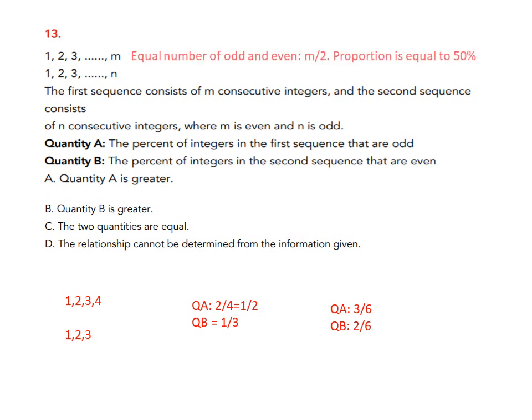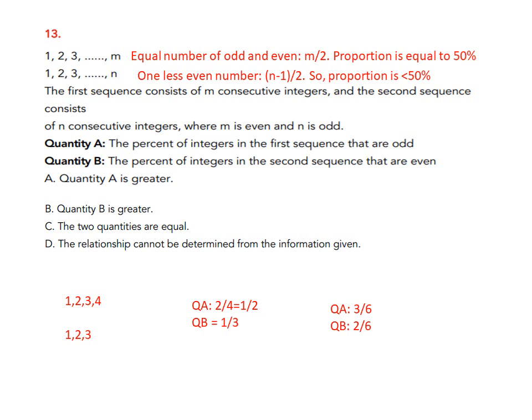Let us understand it more conceptually. In the first sequence, there are an equal number of odd and even integers. So the proportion is equal to 50%. So we get n by 2 even integers, and also n by 2 odd integers. And notice that in the second sequence, there is one more odd integer than even.